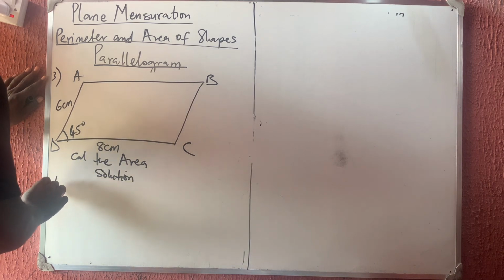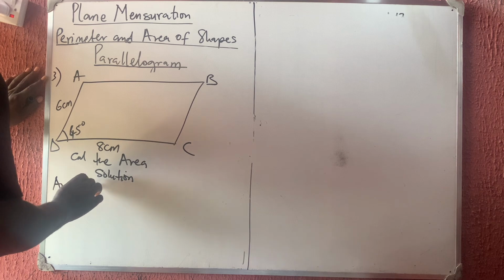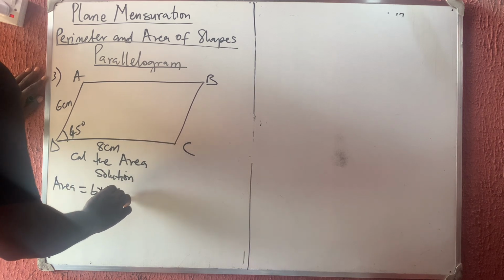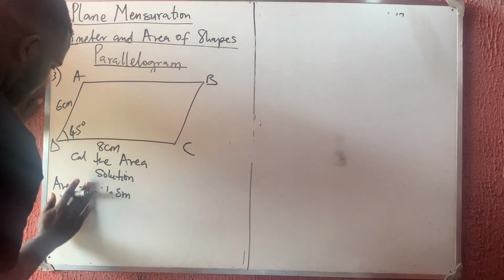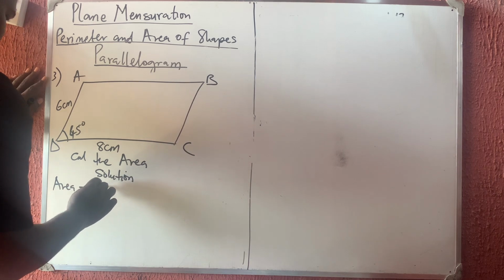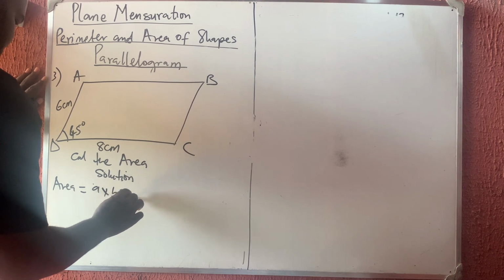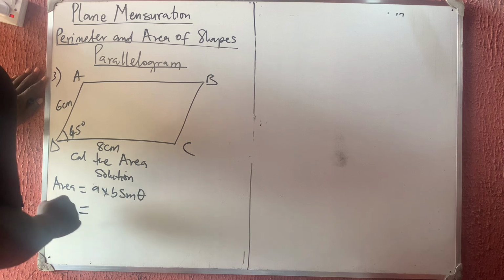Solution. Like I told you, the area of a parallelogram is what? Base times height, sorry, not height, AB sine theta. A times B, then sine theta. The theta must be an included angle.